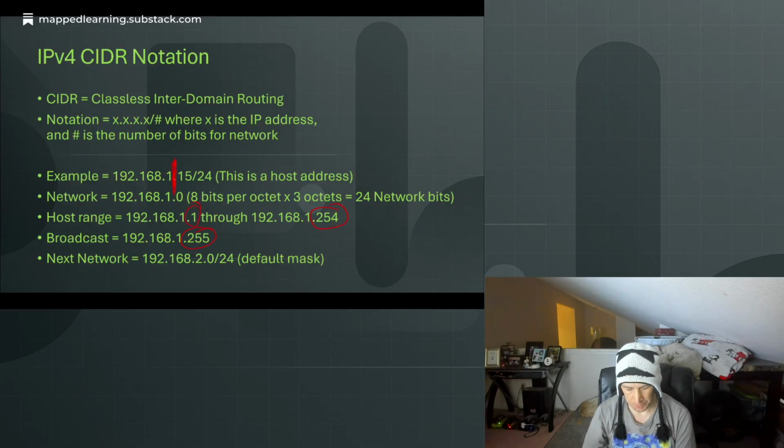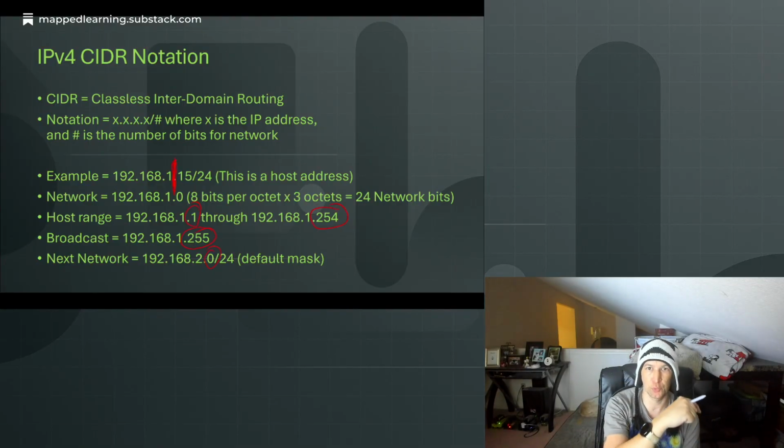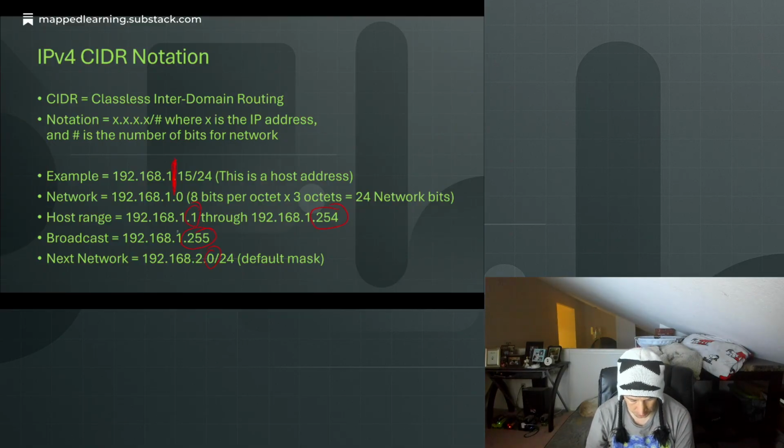Similar with this. When you add one binary bit to 255, all the bits turn off, so we get 0, and then we carry the 1 bit over to the next octet to the left, so we add 1 to this octet right here, and that becomes 2.